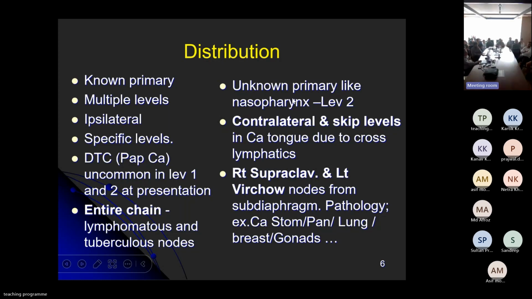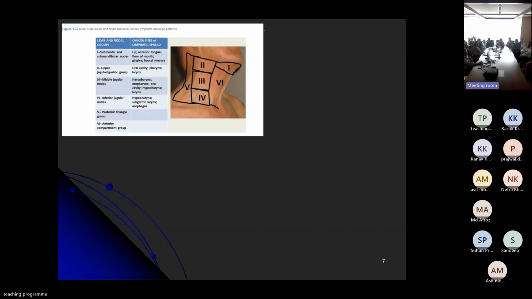In unknown primary, mainly level 2 gets affected. Contralateral and skip levels are very common in carcinoma of the tongue, so our job is not over, we must check the other side. Right supraclavicular and left nodes come from subdiaphragmatic pathology, and that can be one of the reasons why we would evaluate the neck.